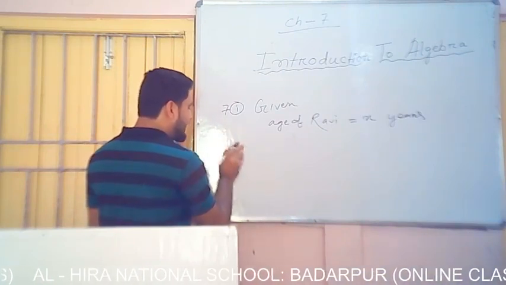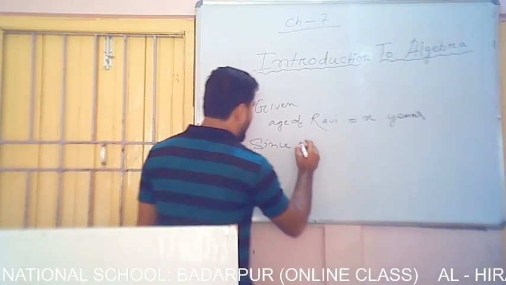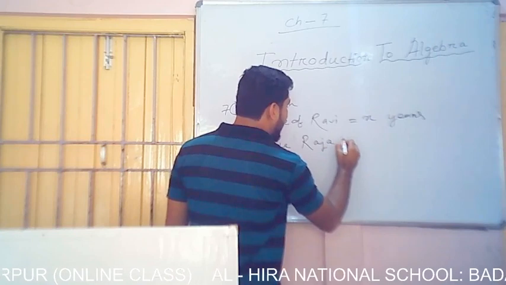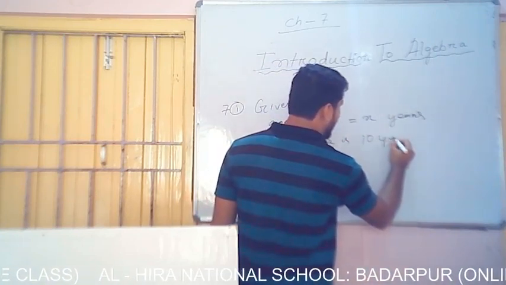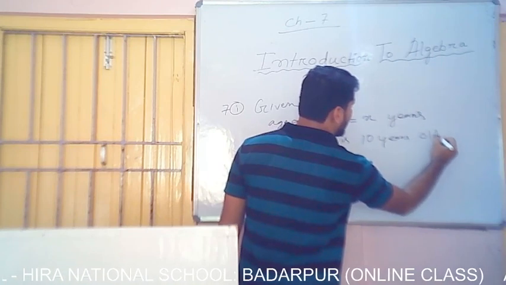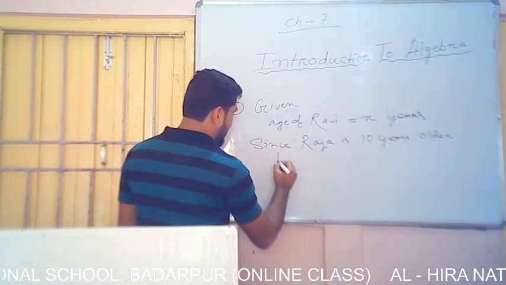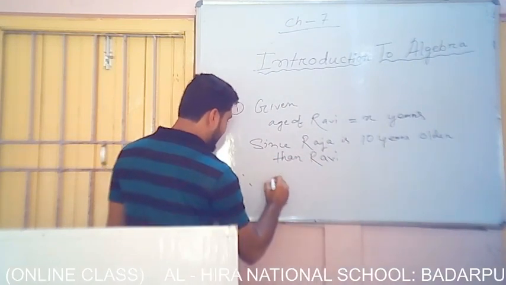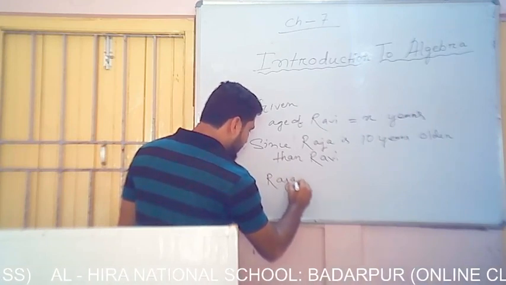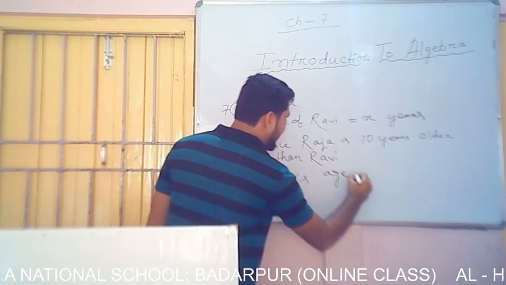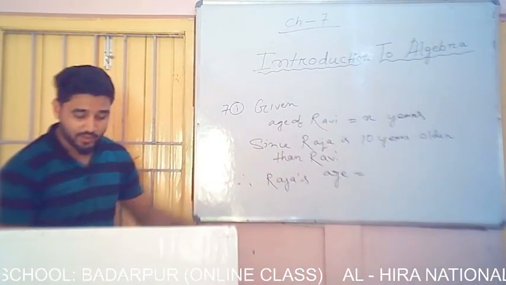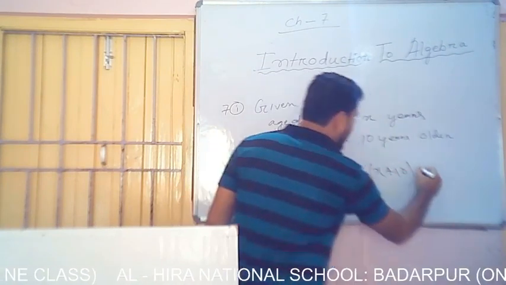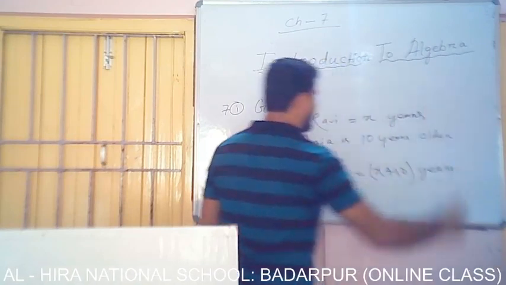Since Raja is 10 years older than Ravi, therefore Raja's age equals x plus 10 years. That is your answer.